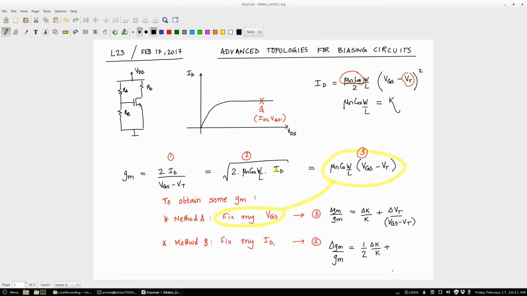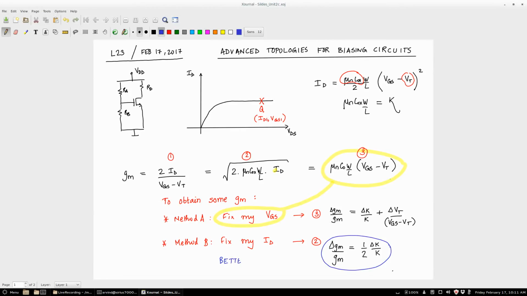In this other mode, what do I get? I'll get Gm by Gm equal to half delta k by k plus what? That's all, right? Because your ID is fixed. Okay.